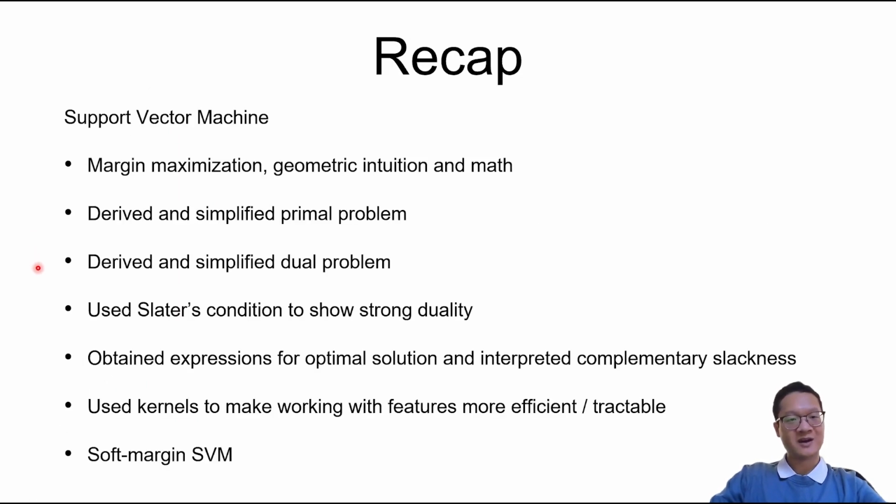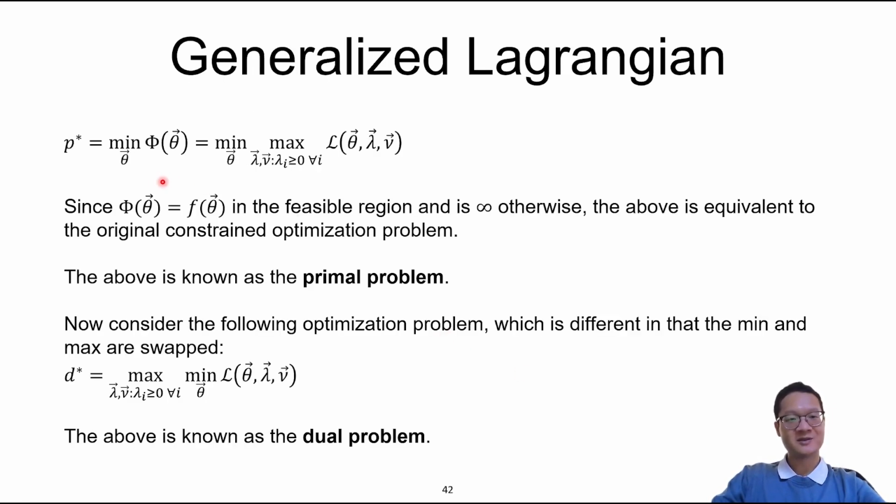Afterwards, we first talked about the generalized Lagrangian function, as well as the dual problem for a general optimization problem. We then specialized our discussion to deriving the dual problem for SVM. So here, this was the general introduction, where we rewrote the constraint optimization as simply an unconstrained optimization of the generalized Lagrangian.